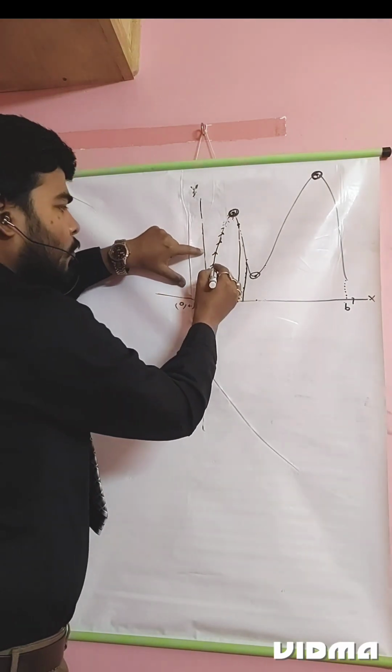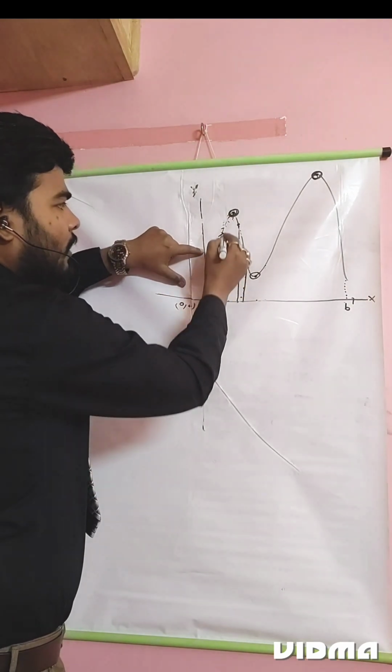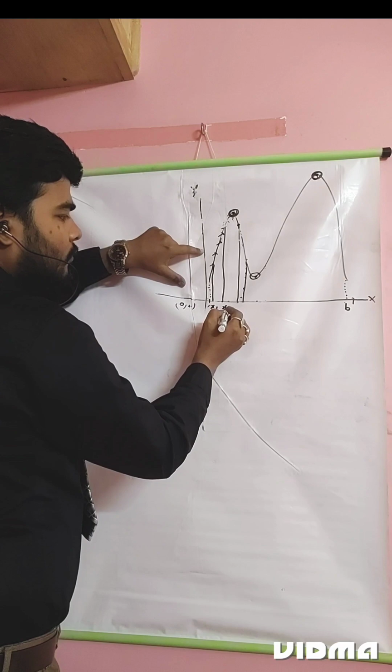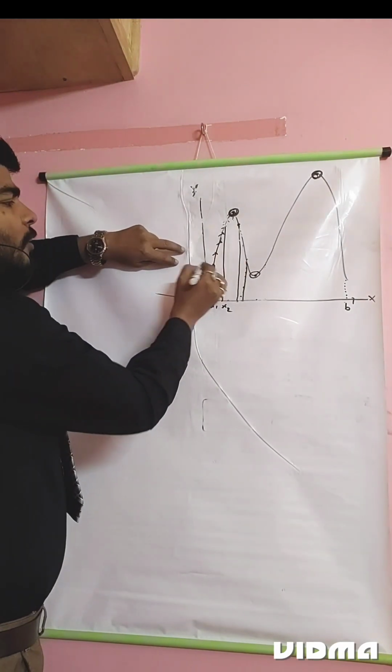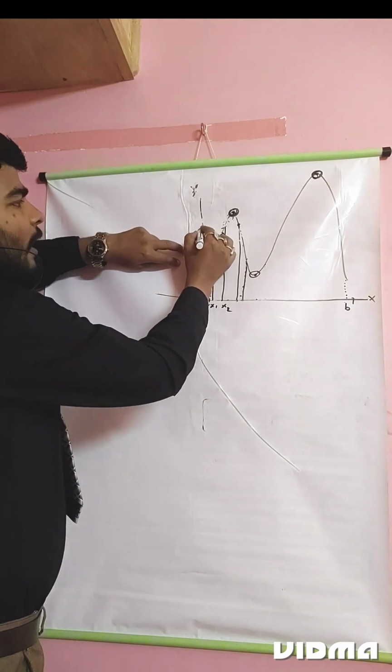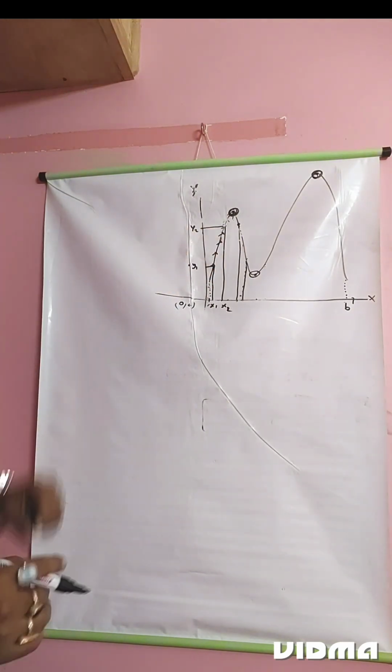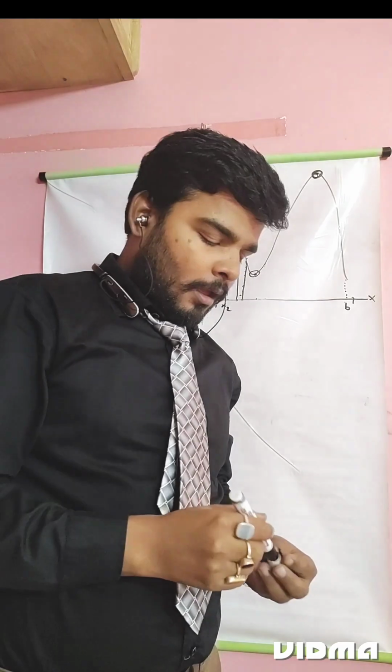Before the critical point, there are two points, x1 and x2. Their corresponding values are y1 and y2. What is the property of an increasing function?